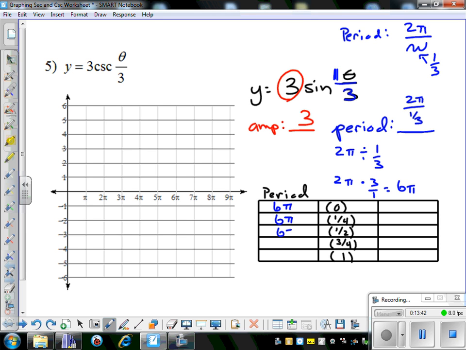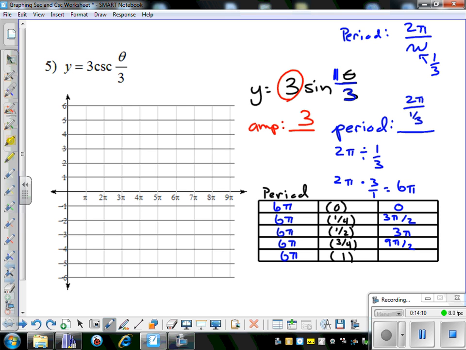Filling it into our table. When we multiply 6 pi times 0, we will get 0. When we take 6 pi times 1/4, we will get 3 pi divided by 2. Half of 6 pi is 3 pi. 6 pi times 3/4 is 9 pi divided by 2.